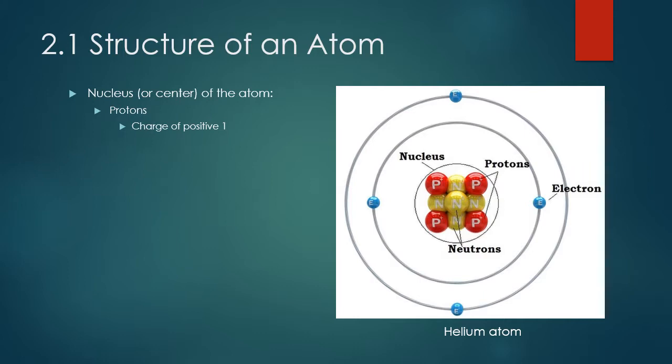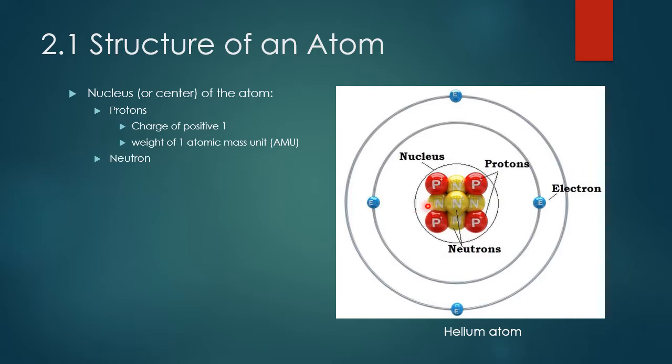Protons have a charge of +1, or you can just say they're positive, equal in size to electrons, which we'll talk about in a second, that have a charge of -1. Protons are positively charged, they're in the center of the nucleus, and they have a weight of 1 atomic mass unit. You can just think of them as a weight of 1.